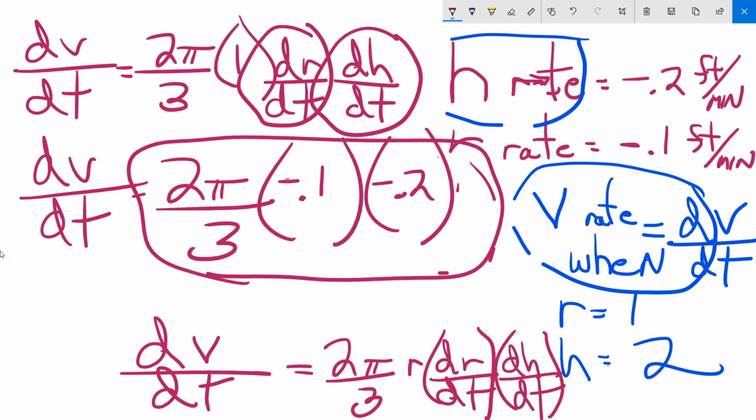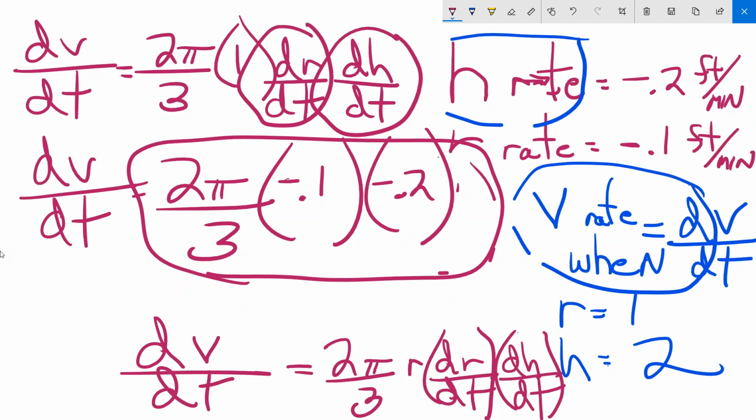These cone problems tend to be the hardest ones. Was I meant to plug them in right then?